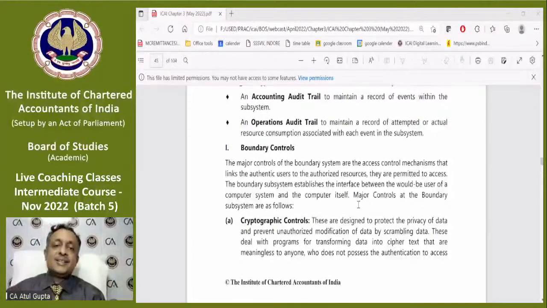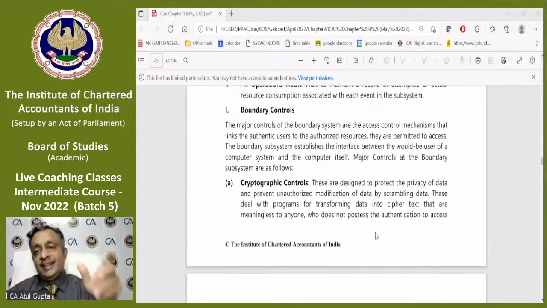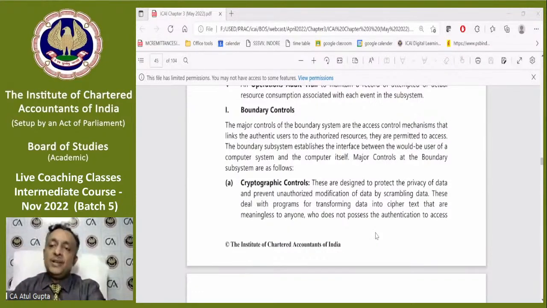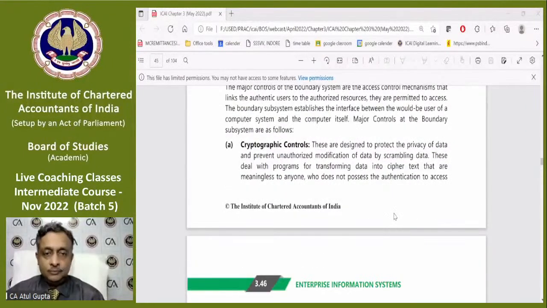How do you implement it? Cryptography, that is encryption and decryption of data. So you create data in a cryptographic format, that is cryptographic control. Cipher text, coded text, that is cryptographic control. When you read a cipher text, it is meaningless to others.